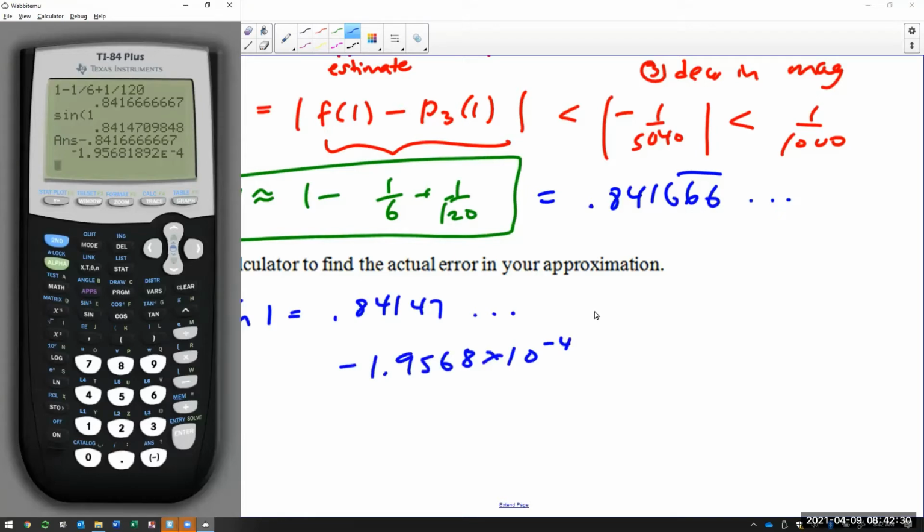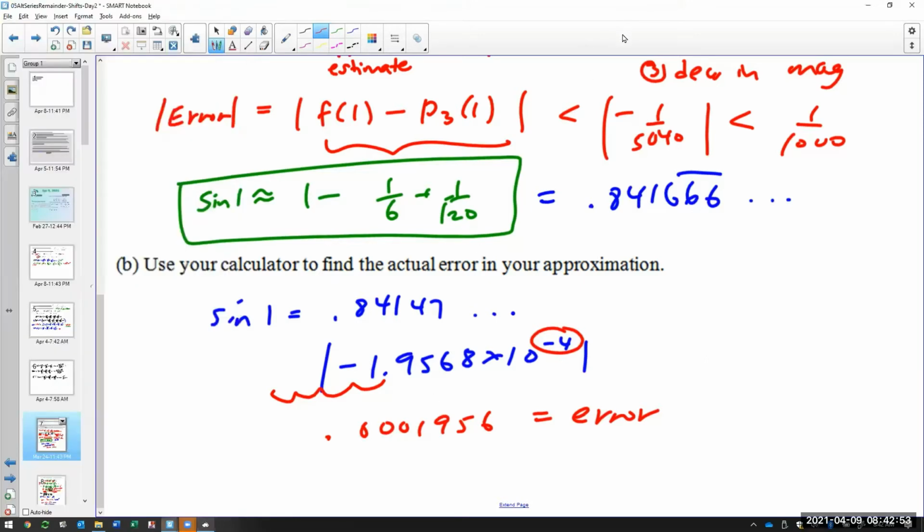They'll tell you how many decimal places to go. And for the error, you really just need an absolute value. Technically, this just means move the decimal over 4 places, so that's 0.001956. And this is my error. A pretty good error, right, guys? Not bad for just estimating by hand.